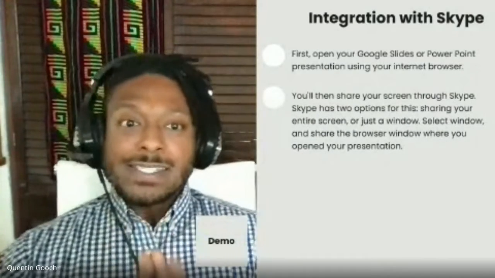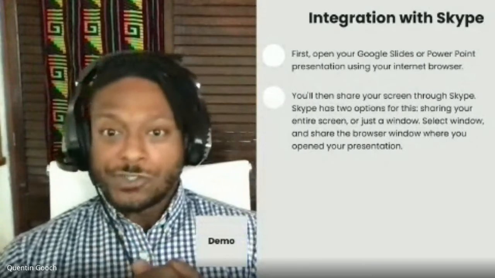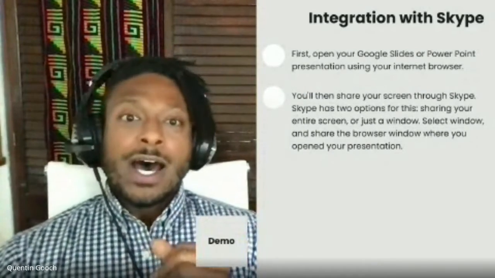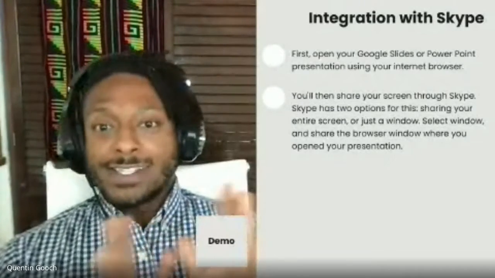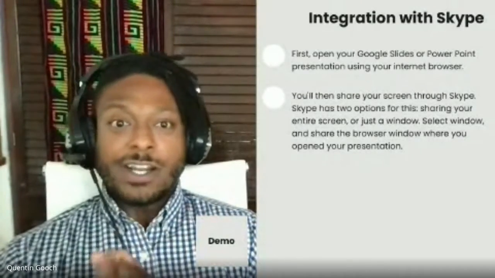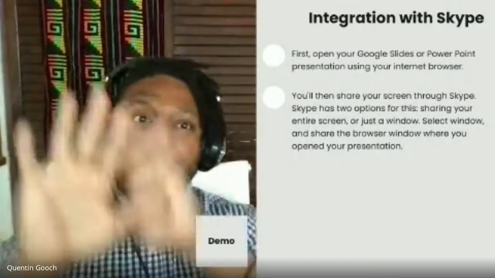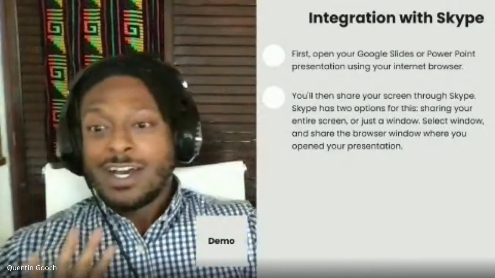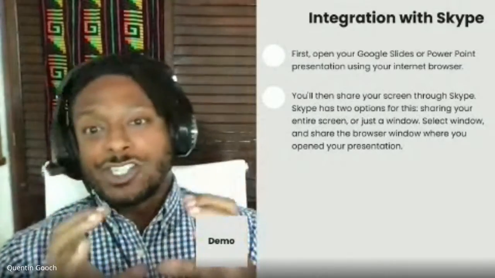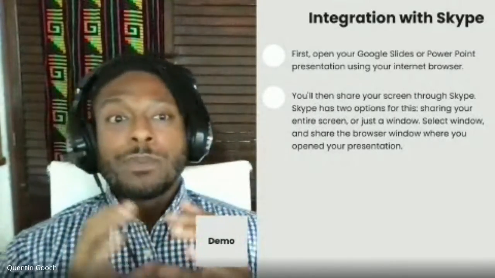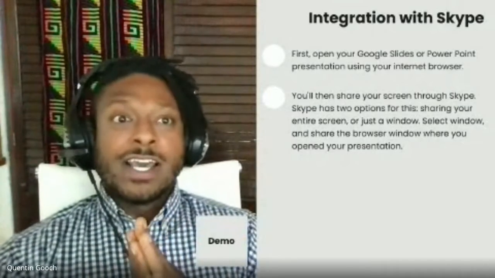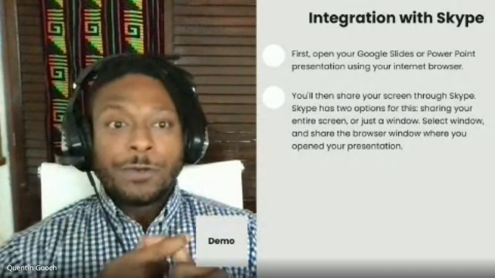Next, in Skype, you're going to share your screen, and you're going to share your presentation by sharing your screen. Skype only has two options for screen sharing. You can either share your entire screen, which will give you everything on your screen, or you can share just a window. For the purposes of sharing a presentation like Slides, you are going to use just the window.